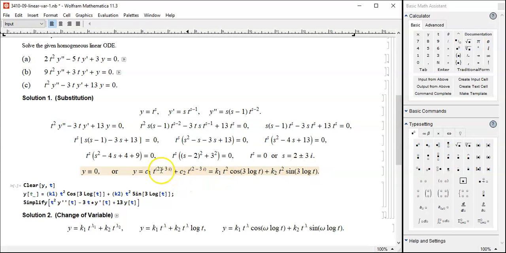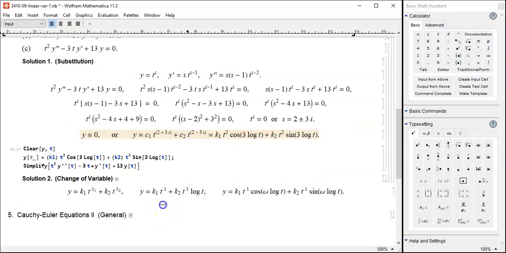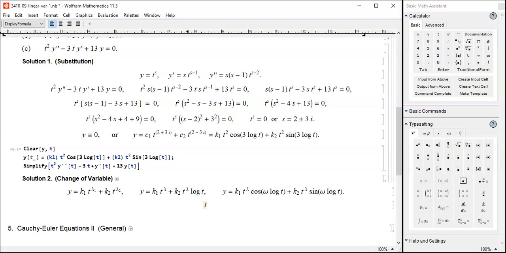By the way, why do we have all these? Well, it's actually because of this: t to the a plus b i power. Whenever you have a general power, general base, you can rewrite it as a standard exponential like this.